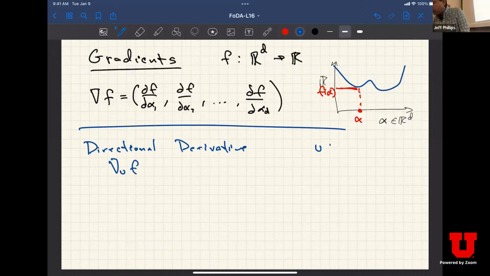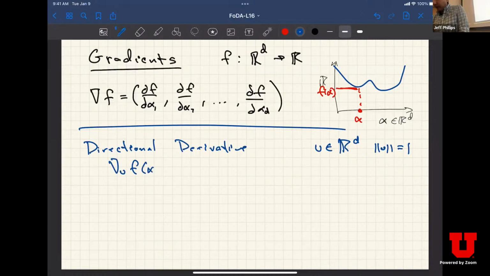Now u is also going to be an element of R^d, and it's going to be a unit vector. So the norm of it is 1. It doesn't have scale information, it's just pointing in some direction.